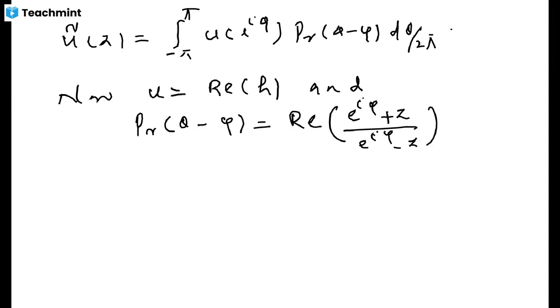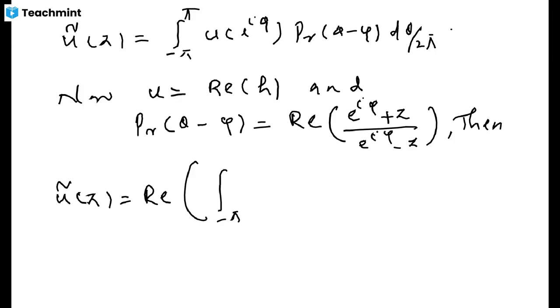So if you see these things, then we get this u tilde to be the real part of some function. This u tilde is nothing but the real part of the integral from minus pi to pi of h.